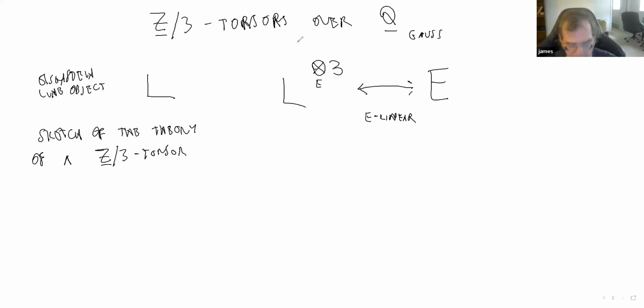And in that case, that's what we just wrote down: the idea that the third tensor power of the line object is trivialized. But that was just the thing before it descends to where it's really supposed to live.